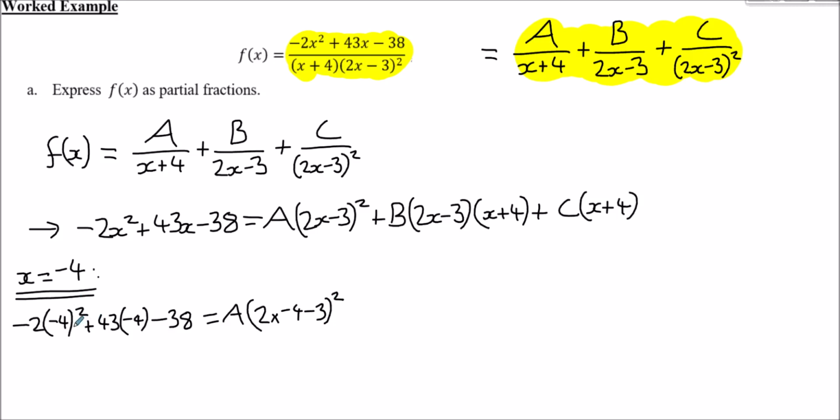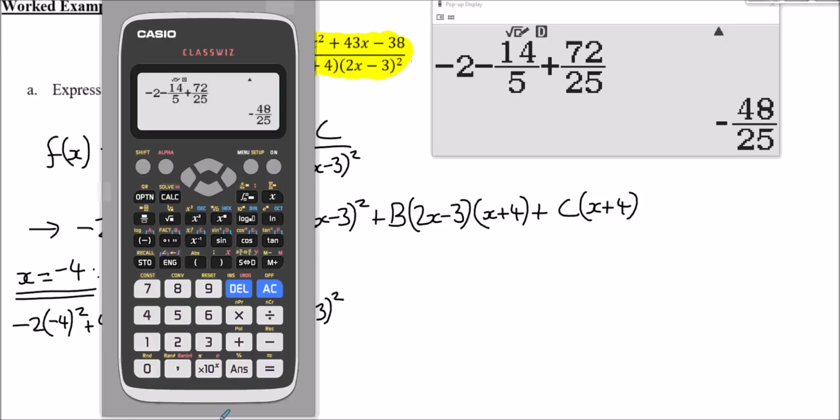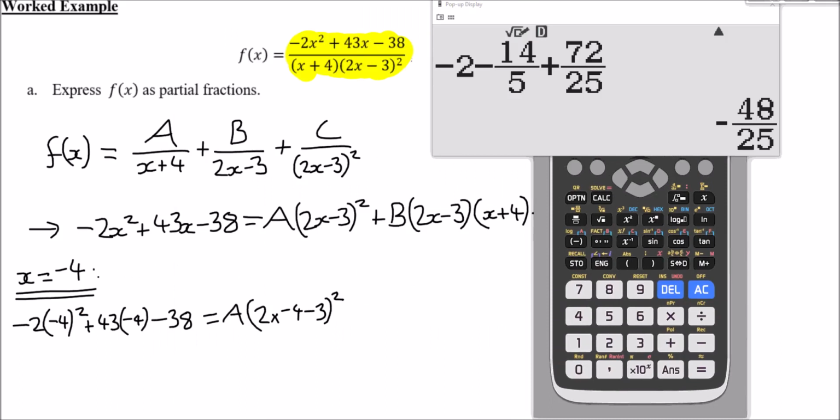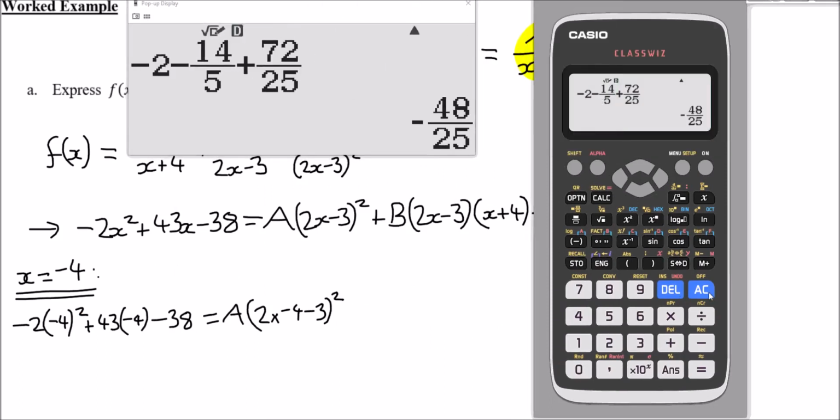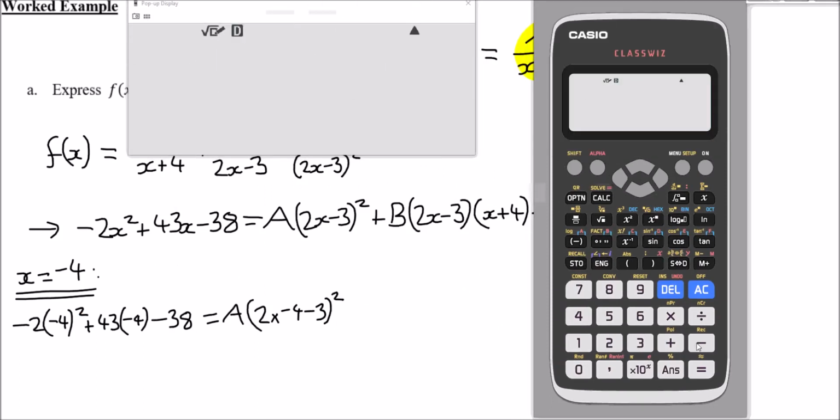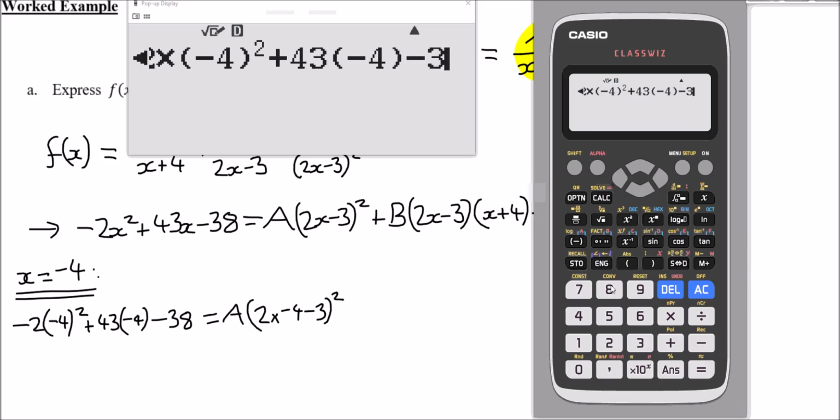So let's calculate this and neaten it up. So we've got here -2 times -4 squared, let's put that in brackets, plus 43 lots of -4 minus 38.